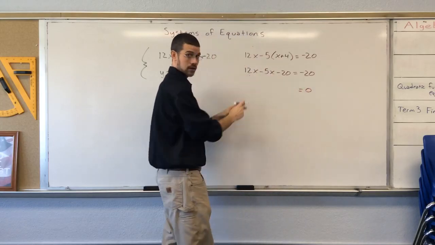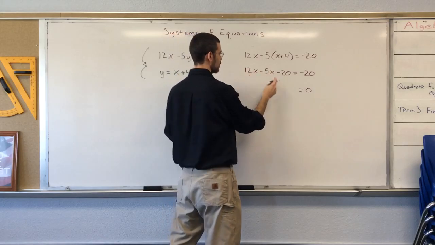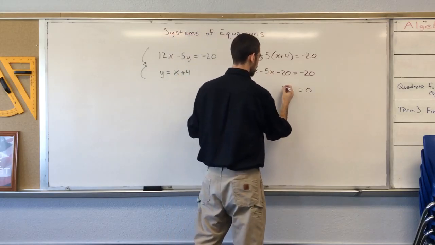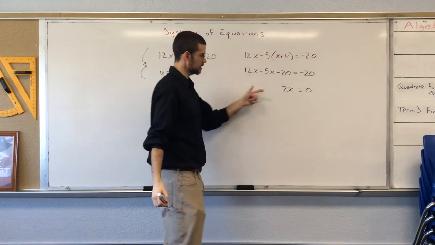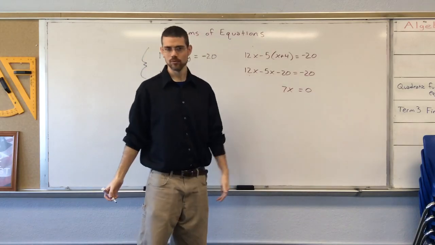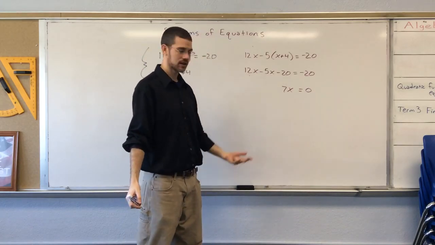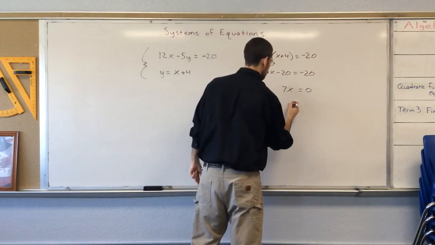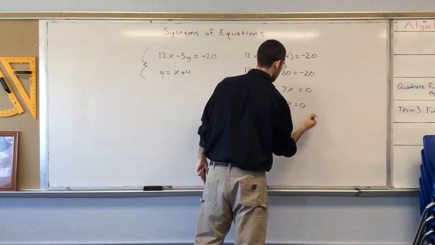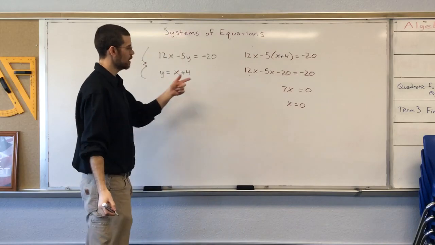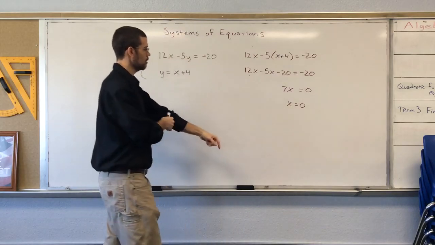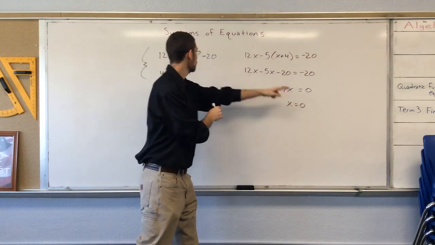We can combine the x's. 12x minus 5x is 7x. So we get 7x equals 0. Well, the only thing you can multiply by 7 to get 0 is 0. X equals 0.